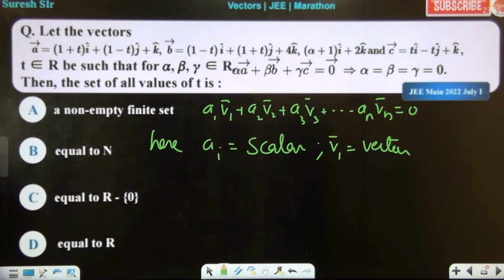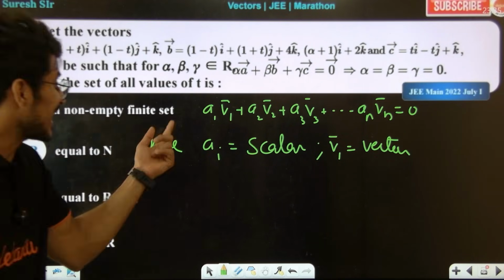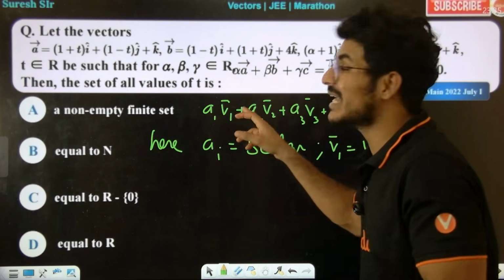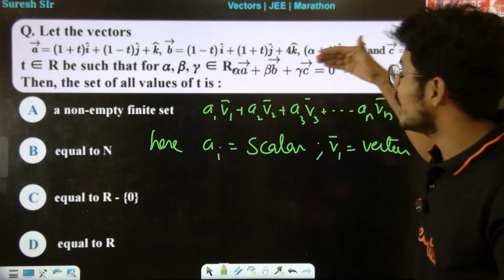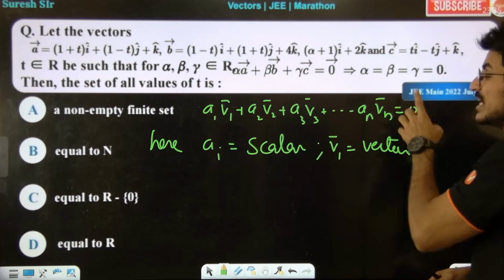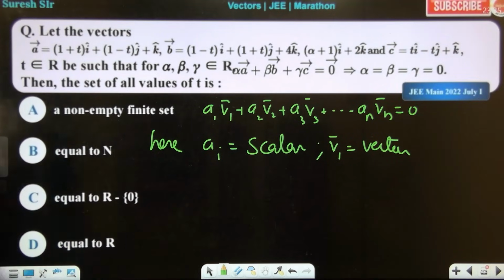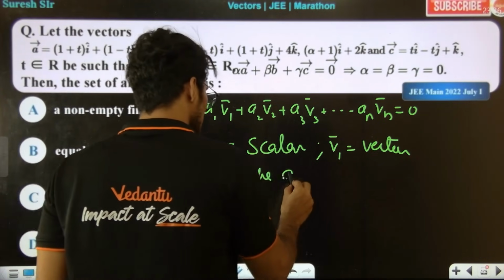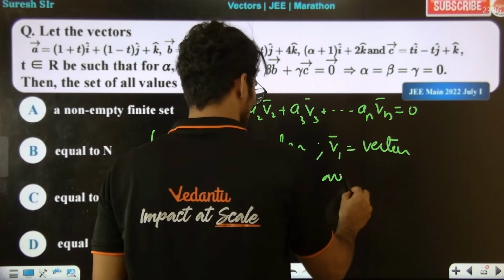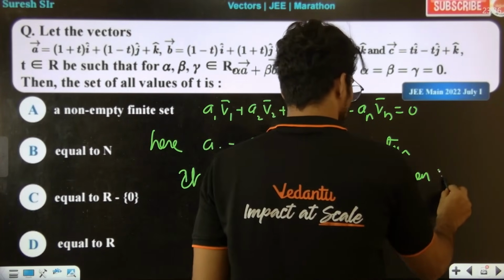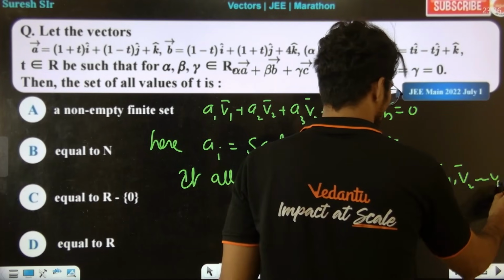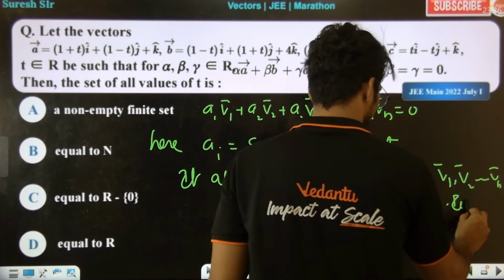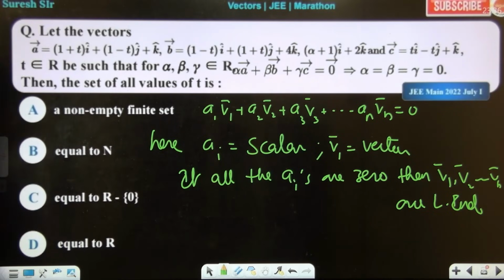The concept is: if all the ai's, all the scalars, are 0, then v1, v2, v3 and so on till vn are linearly independent vectors.